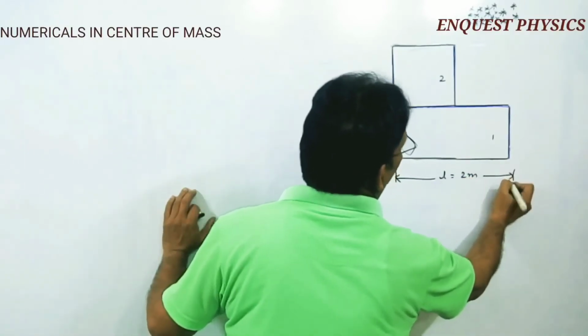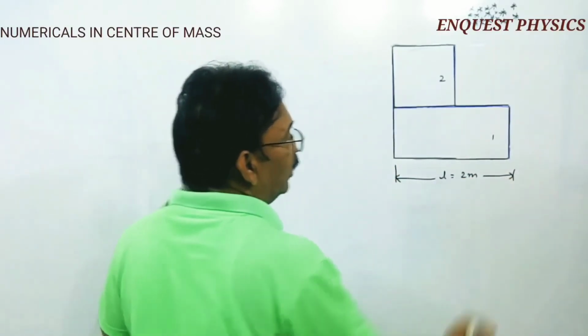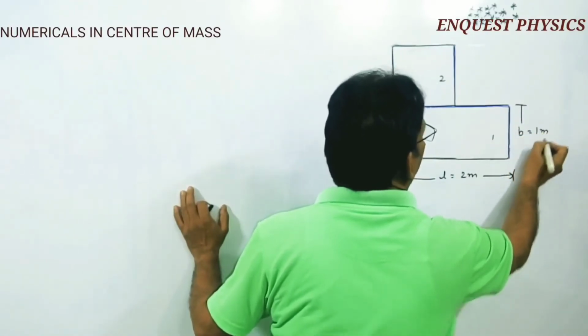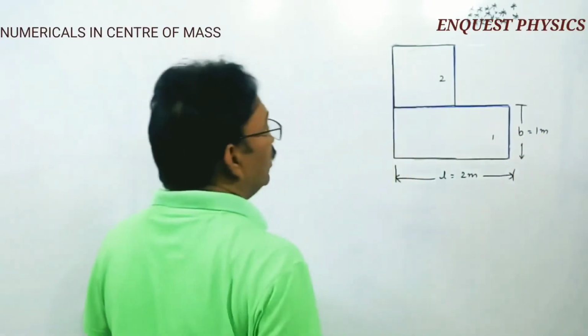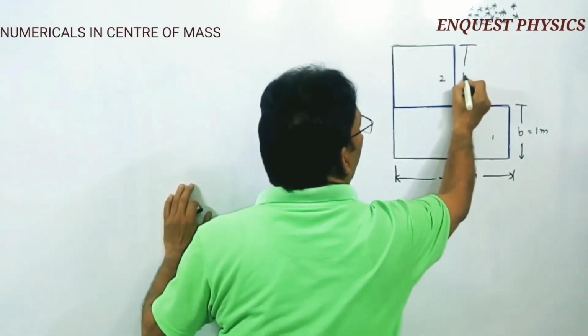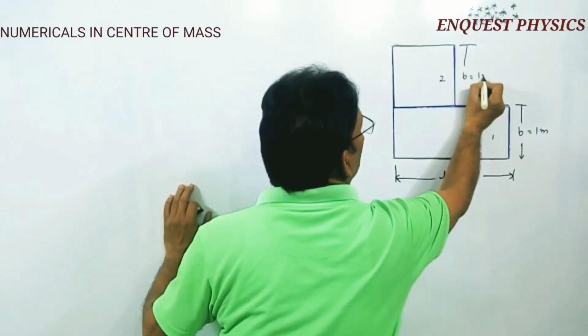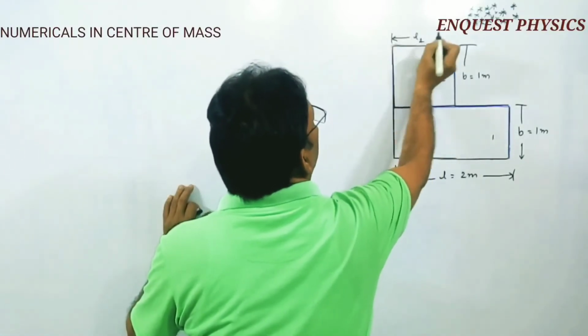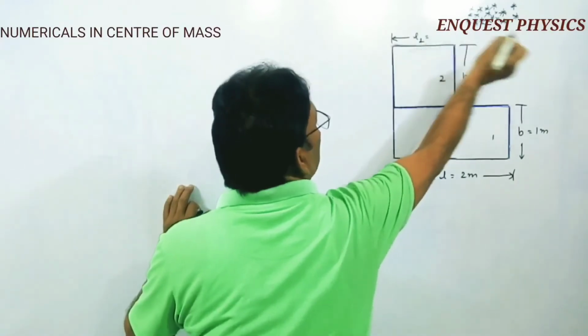I am taking numericals. Its breadth, take it as 1 meter. In the same way, the breadth of the second plate is 1 meter, and its length, say L2, is equal to 1 meter.